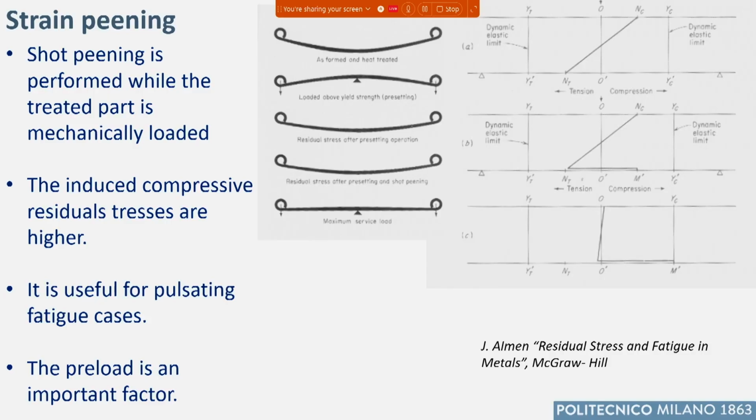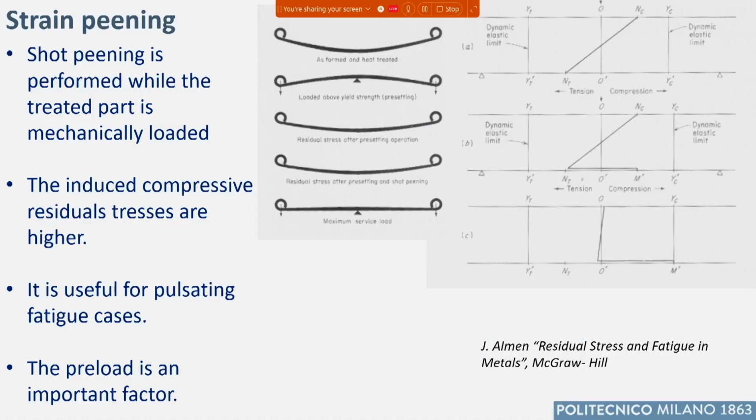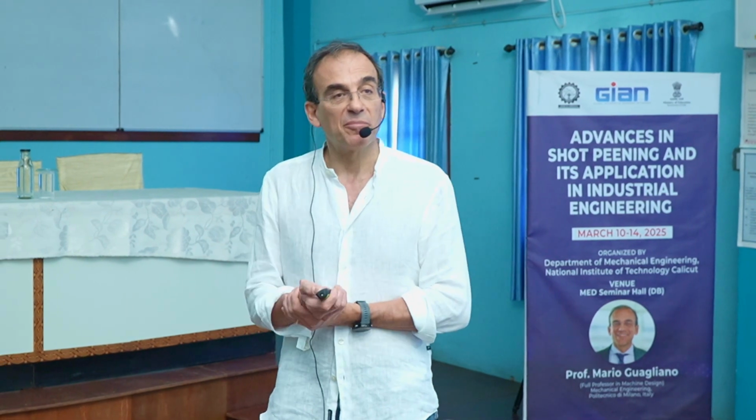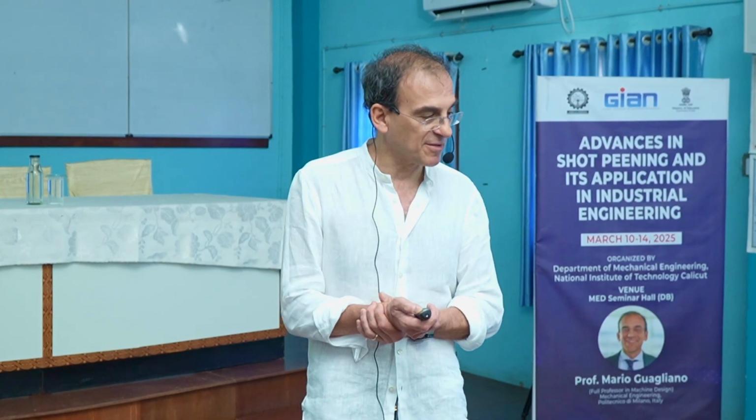It's okay if it always remains in compression. If you have a load that puts this part in tension, this will cause a premature fatigue failure. And the tuning, the design of the preload, is an important factor to have the best result. This can be predicted, let's say assessed, also by means of numerical simulations.